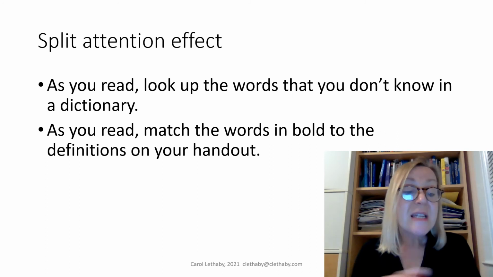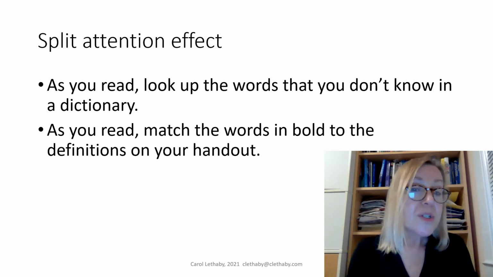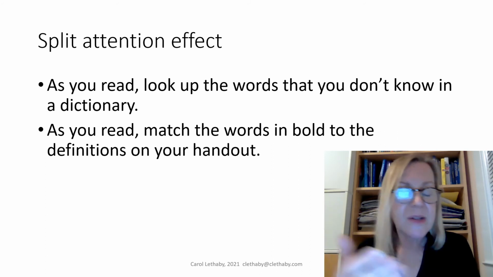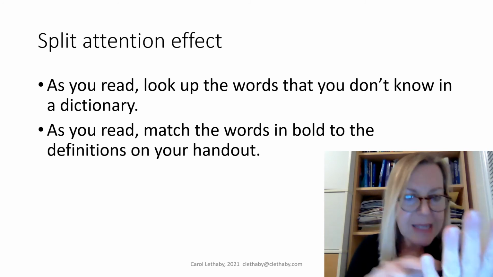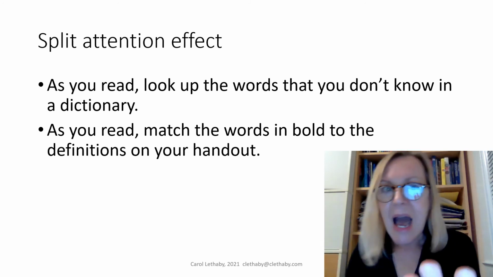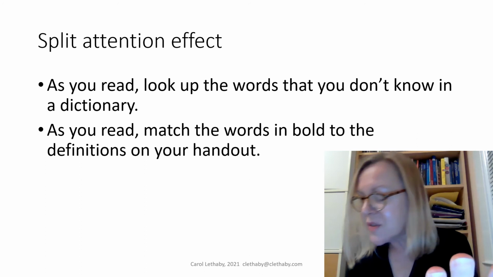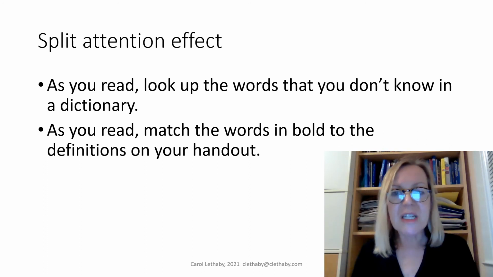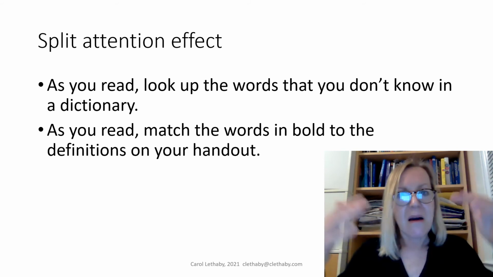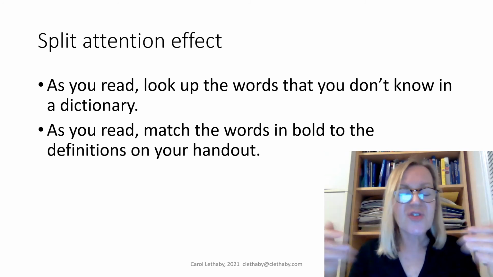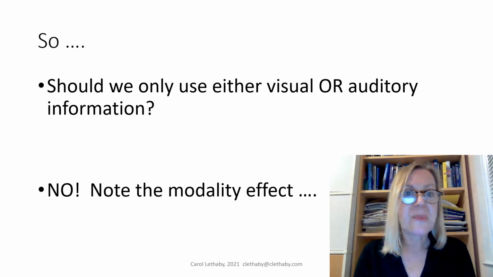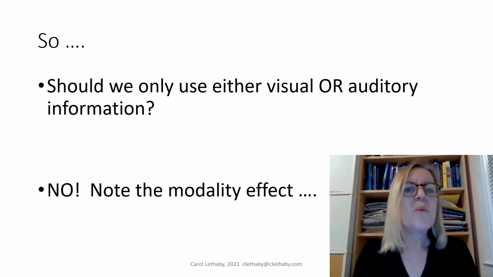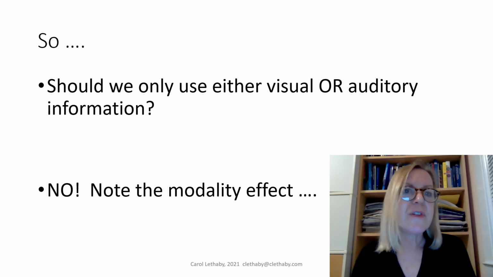As you read, match the words in bold to the definitions on your handout. So you're looking at the text here in one place, and then you're looking at the definitions on a handout over here. This is something else which cognitive load theory says just adds extra, unnecessary load to learners. So does that mean then we should only use either visual or auditory information?